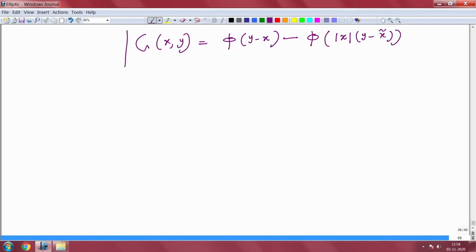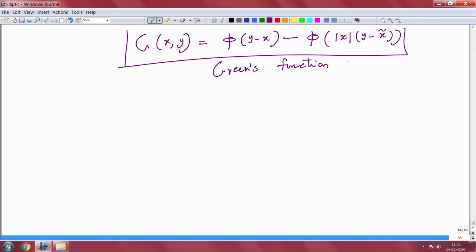That is your Green's function for B1. So, which is an exercise for you, compute, only take care of the normal properly. Compute dg by d nu y at x y.